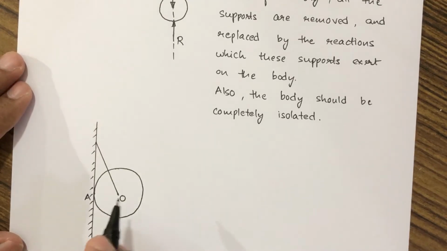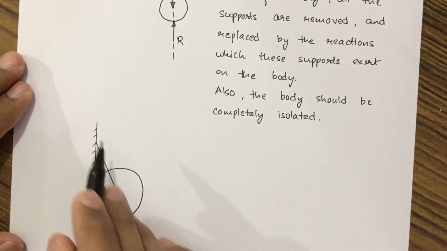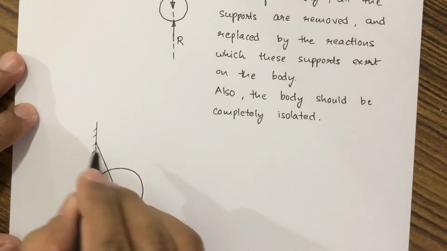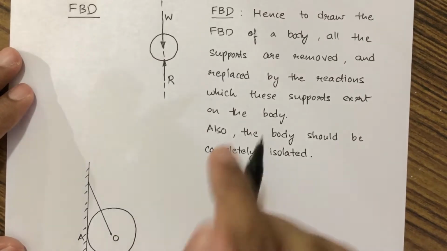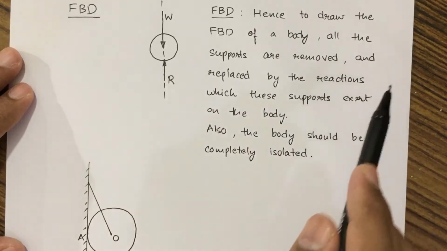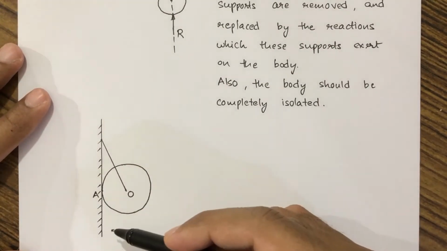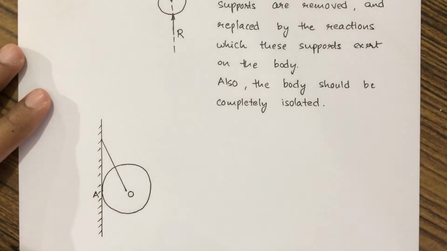Now let us consider this example of a ball hanging against a wall with the help of this string. So we need to draw the FBD of this ball. As we know, to draw the FBD of a body, all the supports are removed. So here the support is this wall, and also there is this string that is supporting the ball.